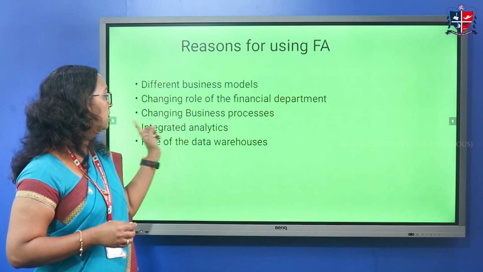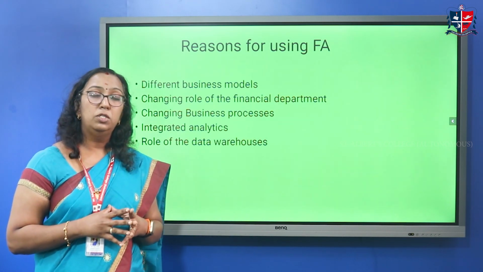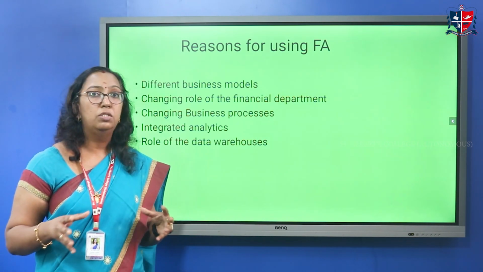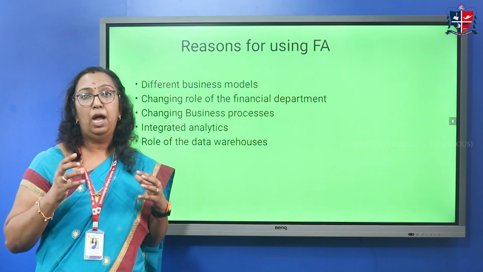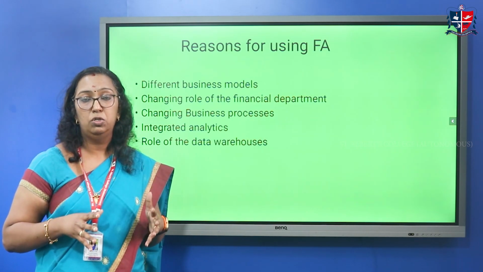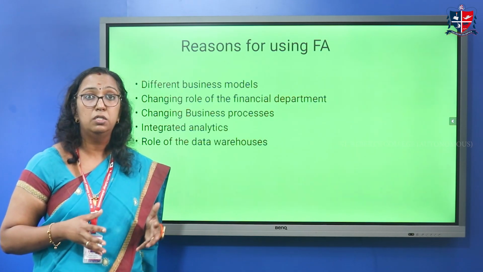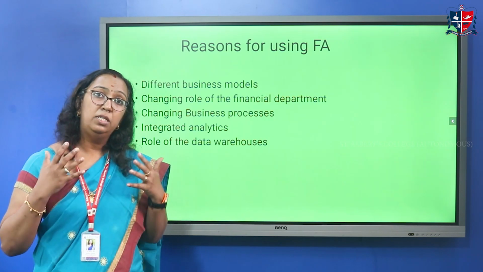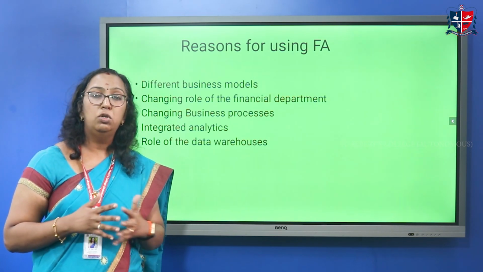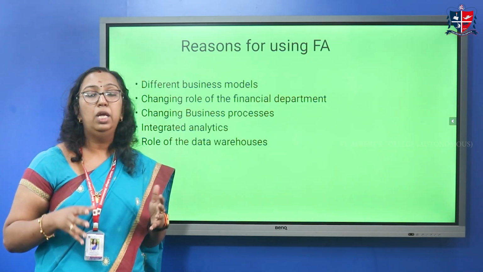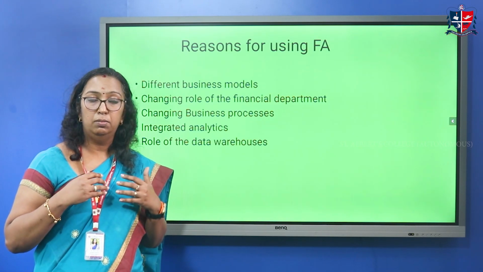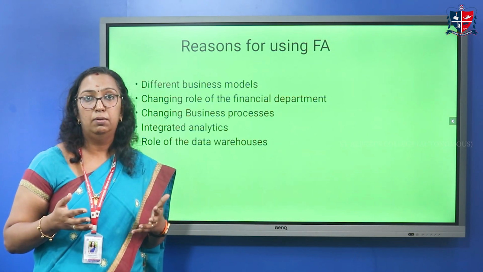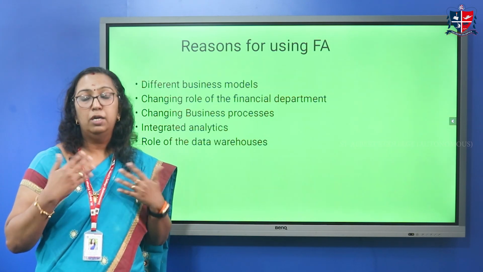The third reason is changing business processes. The business process altogether has changed a lot with the advent of information technology and artificial intelligence. A lot of changes have happened inside the business process. It's not only paper and pen; there is more electronic media and electronic communication.